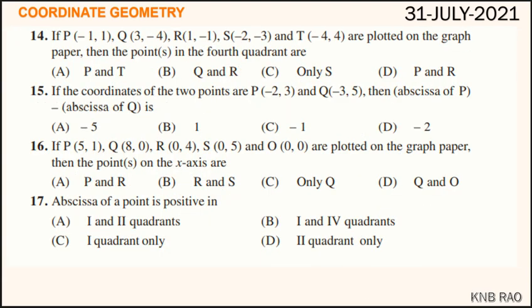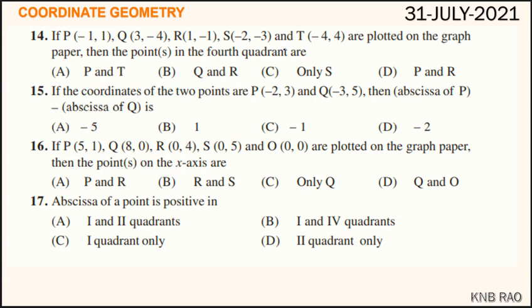Then moving on to question number 14. If points P minus 1, 1, Q 3, minus 4, R 1, minus 1, S minus 2, minus 3, T minus 4, plus 4 are plotted on the graph, then the points on the fourth quadrant are.